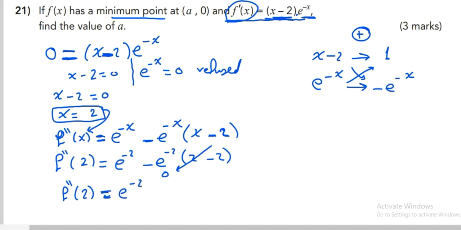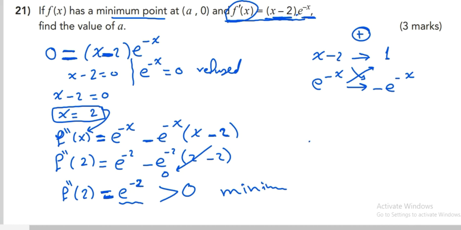We can see using a calculator that the value of e to the power negative 2 is bigger than 0. If the second derivative gives a value bigger than 0, it's a minimum point. If it's smaller, it will be a maximum. So if we put x equal 2 in this expression, we get a minimum point.